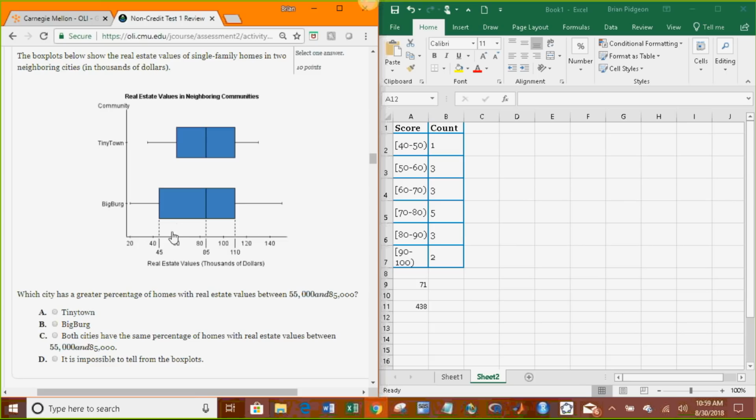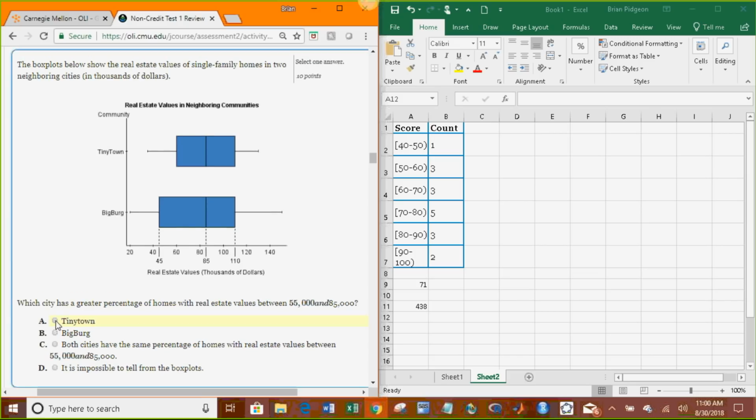For Big Bird, 55 is about here, up until the median. So this whole box represents 25% of our data. And so it looks like more of our data is going to be, even though the box is smaller, because it extends out into the whisker for Tinytown, that would probably have the greater percentage of homes.